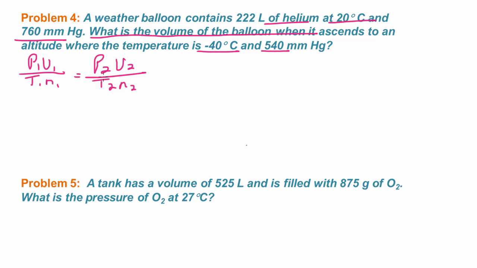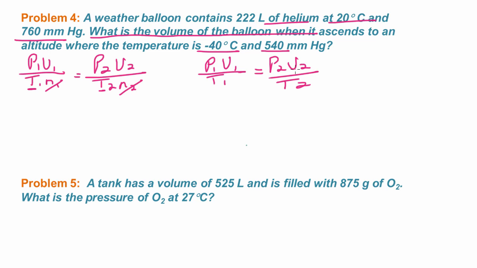The pressure is changing, the volume, we're being asked for, and the temperature is also changing. The number of moles remains the same, so that cancels out. And what I'm left with is P1 V1 over T1 equals P2 V2 over T2. So I'm being asked what is the volume of the balloon when we change this temperature and pressure.